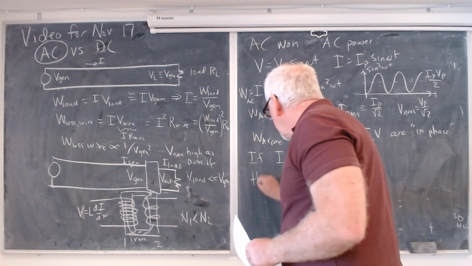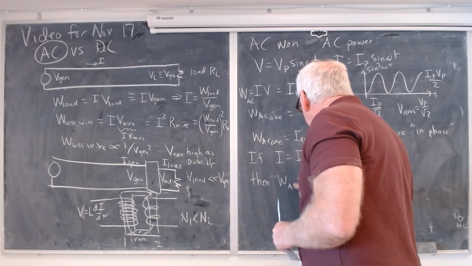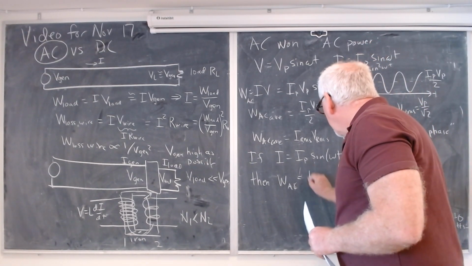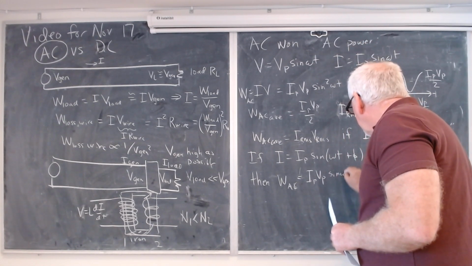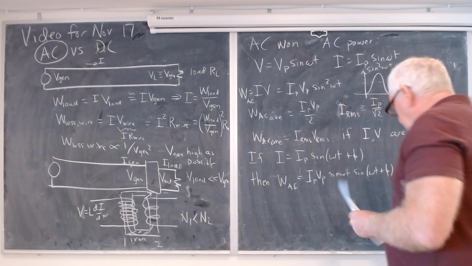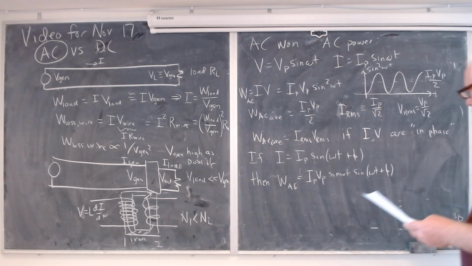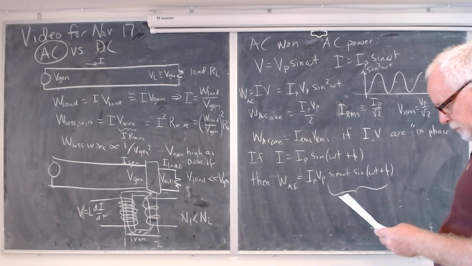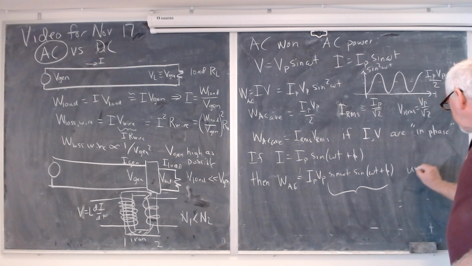All right, so then, okay, what is W AC? W AC is equal to then IP VP sine omega t sine omega t plus phi. And this, you expand, right? You use your trig rules.